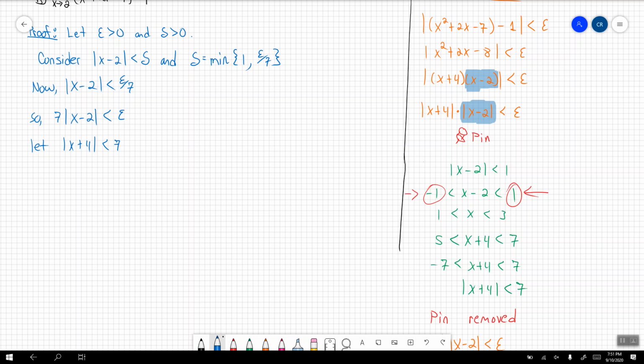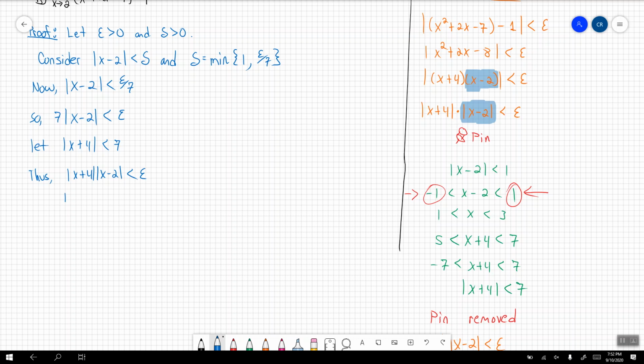Now it should feel a little bit more comfortable, because if we're replacing this 7 as a part of the proof, then we know 7 must be greater than the absolute value of x plus 4, and replacing that will also be less than this quantity, less than epsilon. Thus, we will arrive at x plus 4 times x minus 2 is less than epsilon.